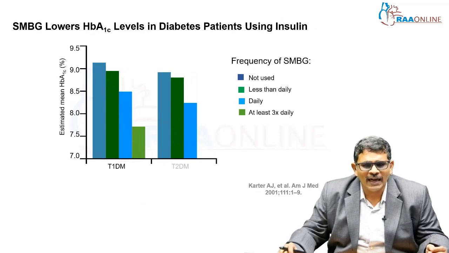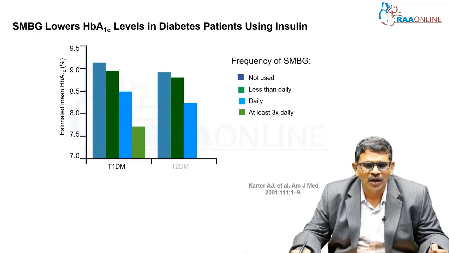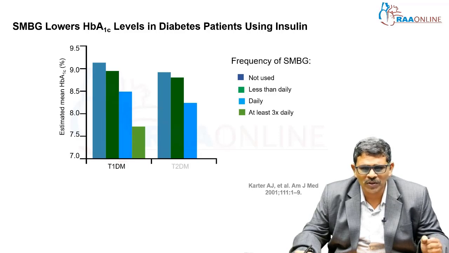Over the past 40 years, we have been using SMBG for blood glucose monitoring. In this particular study, about 1,000 odd patients were recruited, especially type 1 diabetic patients. As you see in this chart, the first column shows people who have not used SMBG at all.